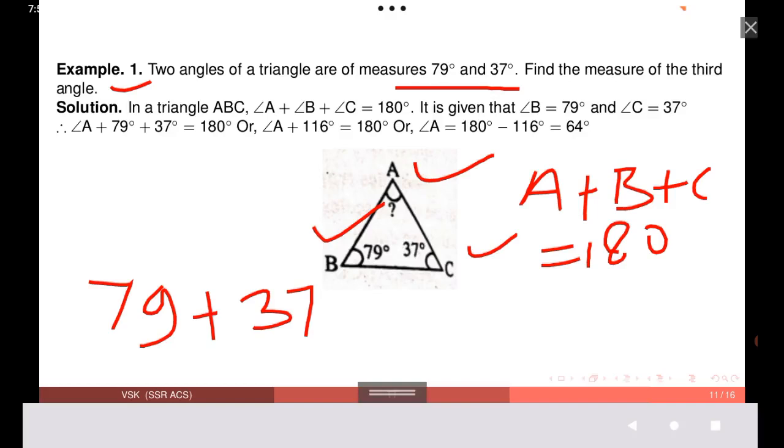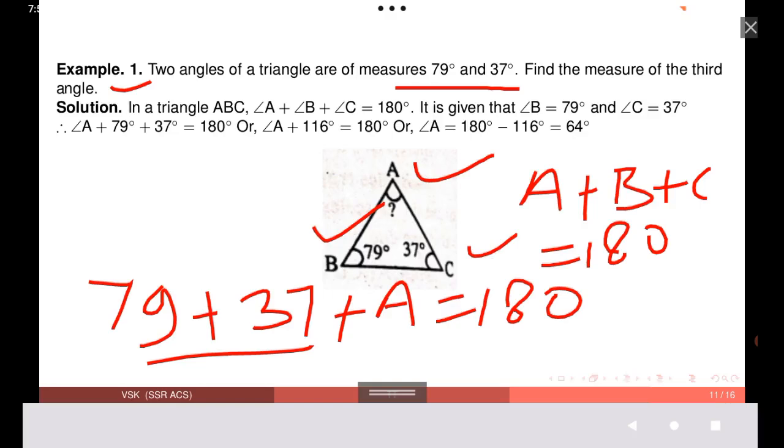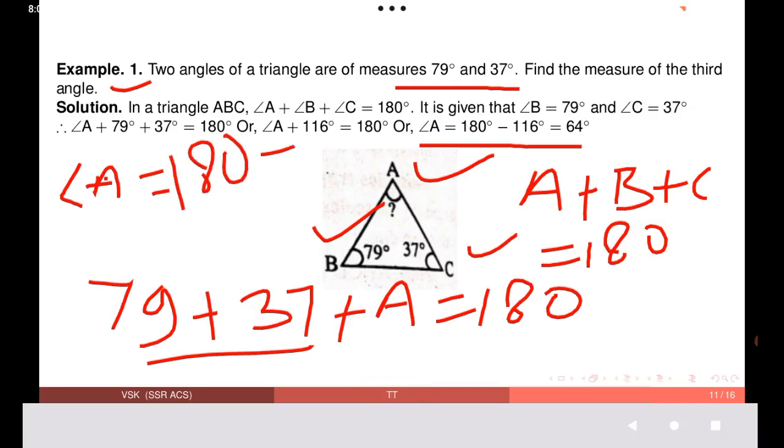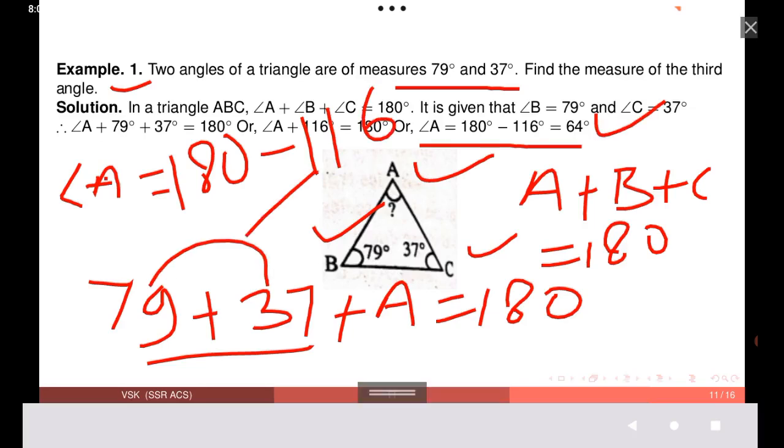So angle A plus 79 plus 37 equals 180. When we solve this, adding these two and taking them to the other side, angle A will be 180 minus 116, because the sum of these two is 116. So angle A is 64. So this is very easy.